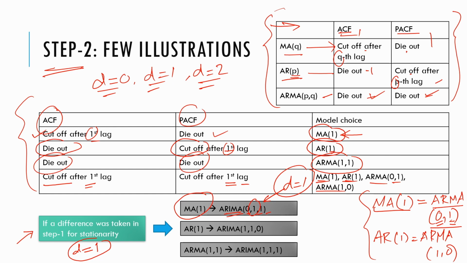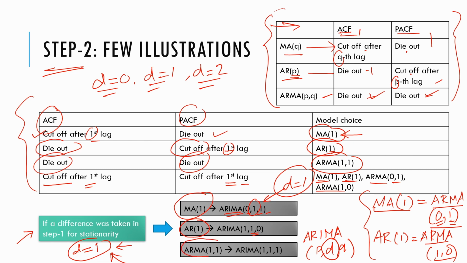Similarly, if you have taken the difference in step 1, and in step 2 you are finding the AR1 model is a good fit, then you cannot take AR1 or ARMA 10. You have to take ARIMA 110. Why 110? Because in ARIMA the nomenclature is PDQ, and the center, that means the D, is equal to 1 in your case because you have taken the first order of difference.